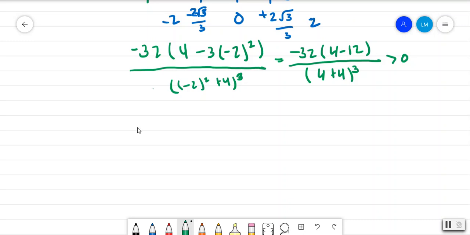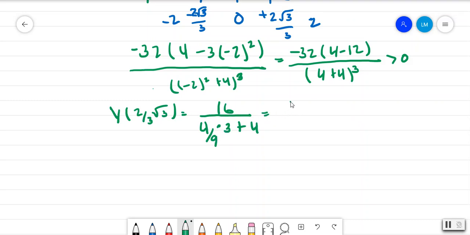So we have that y of 2/3 root 3 is equal to 16 divided by, okay, so that's going to be 4 over 9 times 3 plus 4. So in this case, I can say that that's going to be 4/3, so that equals 16 divided by 4/3 plus 4.